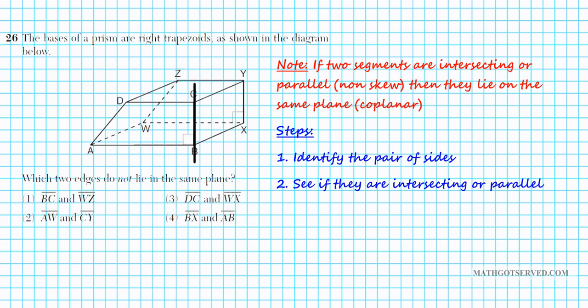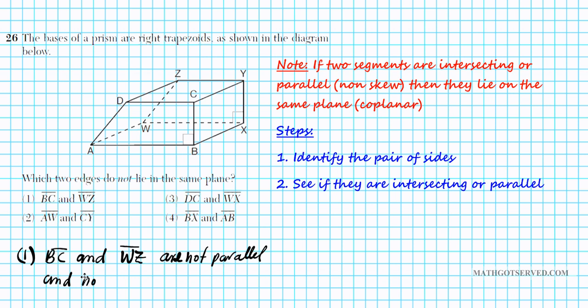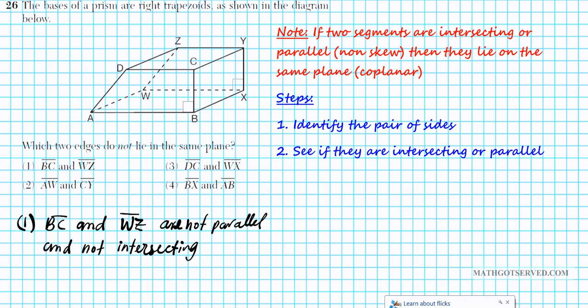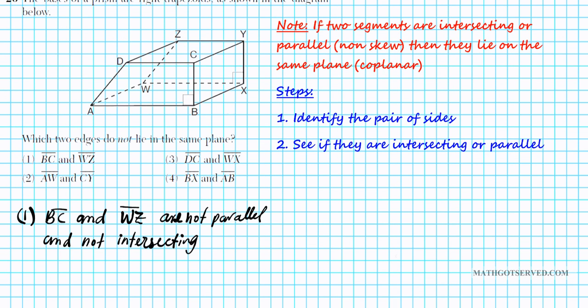Okay, so let's go ahead and write that down. For option number one, side BC and WZ are not parallel and not intersecting. They do not intersect. Do you know what that is called? If two sides are not parallel or intersecting, that basically means that they are skew lines.